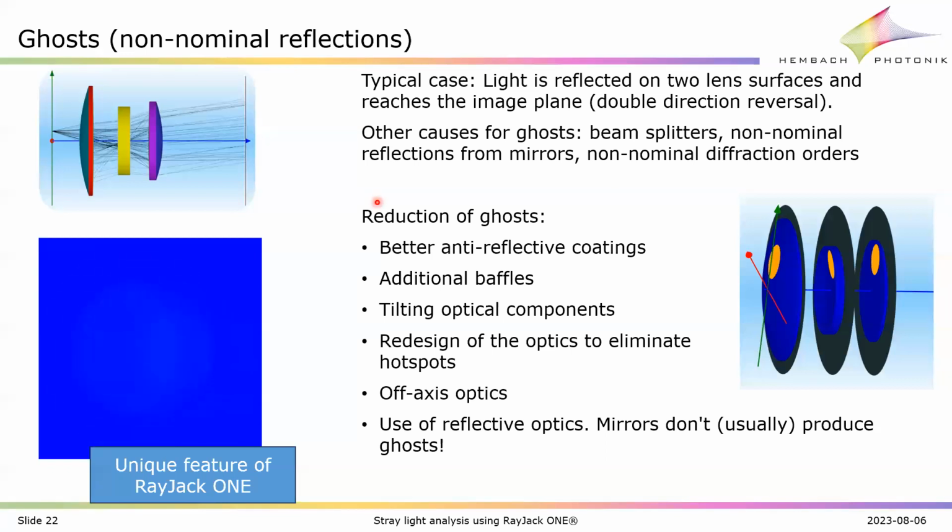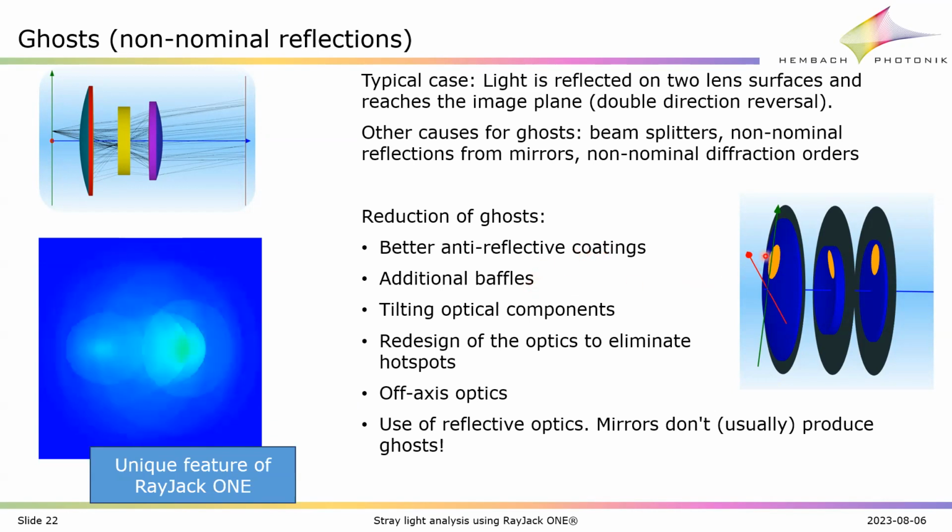Now, how to reduce ghosts? One thing is to have better anti-reflective coatings. In this case, I should note that once you have done a simulation and stored the data, it's often possible to compute the effect of a different anti-reflective coating just by rescaling the results. You may place additional baffles.